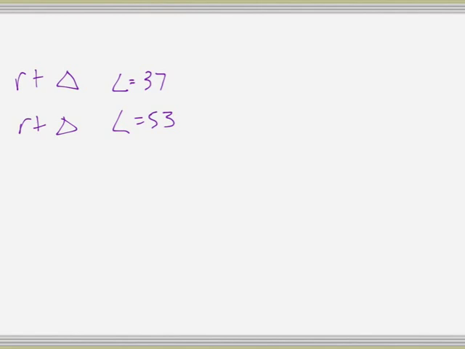Well, if they're both right triangles, they both have a 90-degree angle, so that's 1 for them. Do they have another one that has to be the same? Yeah, because the other angle on the 37 triangle would have to be 53 to equal 180. Okay, in a triangle, we know the angles add up to 180, so we can figure out what the missing angles are, and it turns out that they end up being the other part of that. So these two triangles are similar because the angles are matching up. Angle-angle similarity says if we can get the angles to match up, then the two triangles are similar.